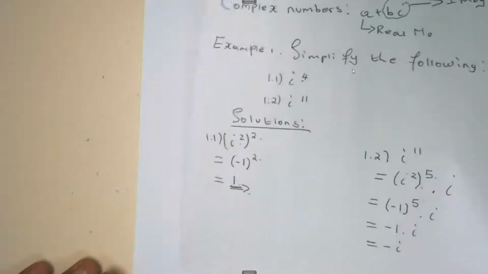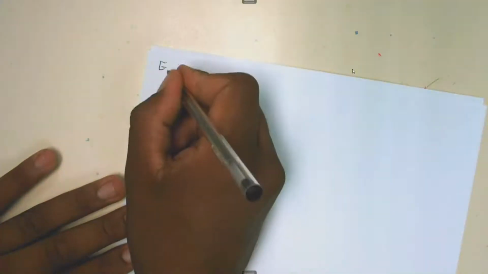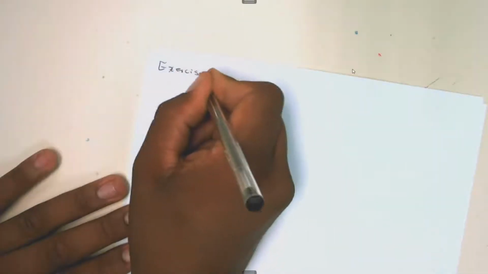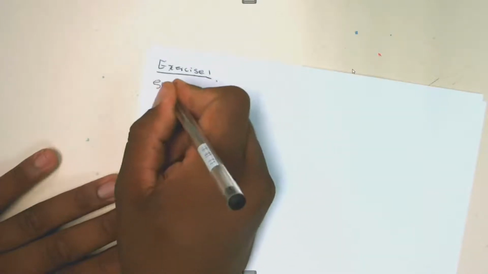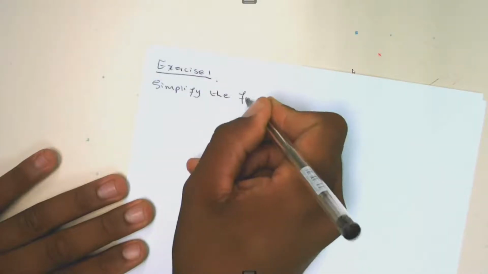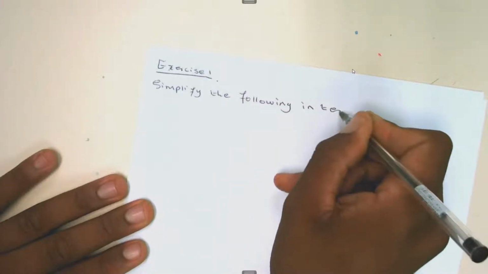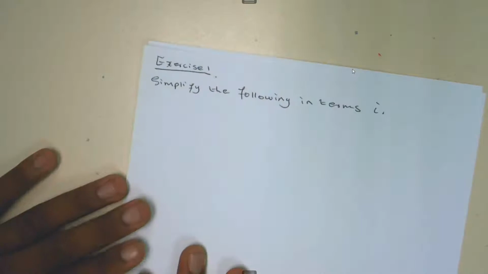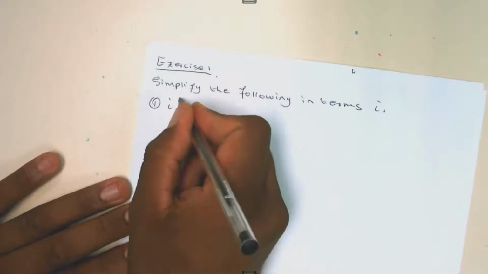I can give you a few minutes to solve a few questions here, just like we did. Simplify the following in terms of i. Number 1, we have i to the power of 9.